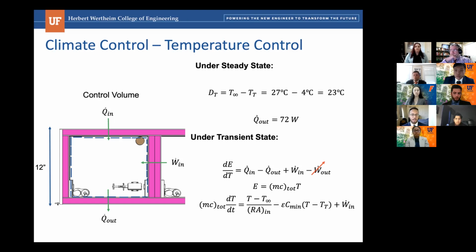It was found that to change from a room temperature value of 27 degrees Celsius to the lower boundary of 4 degrees Celsius, 72 watts of heat needed to be lifted out of the system in order to have this cooling process take effect.